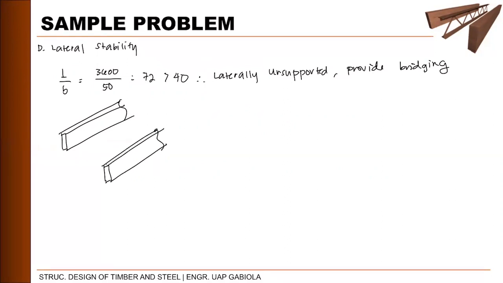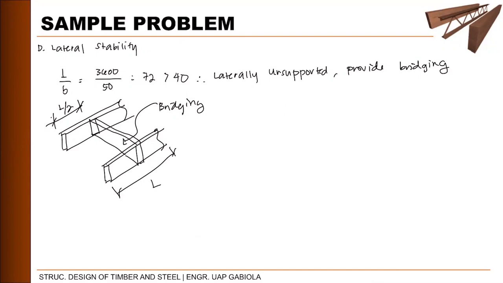Yung bridging natin, kung yan yung kabuuan ng length niya, again, halimbawa, lalagyan natin siya ng naka-across sa kanya. Okay? So, ito yung bridging natin, o yung blocking na tinatawag. Okay? And pag nangyari yon, yung original na length na ginagamit natin sa design, ang gagamitin natin ngayon is yung half na lang niya sa pag-check ng lateral stability.